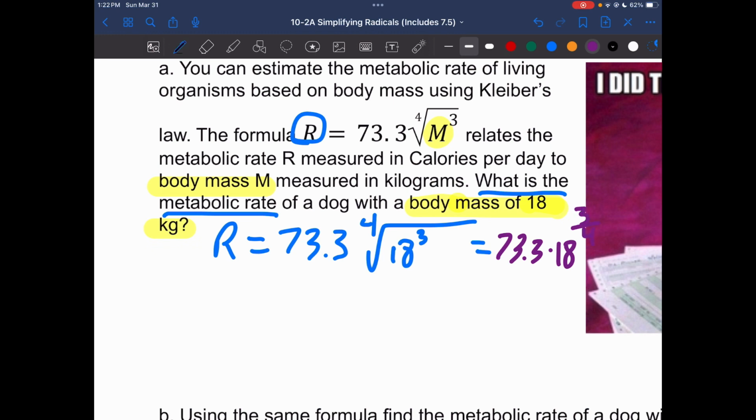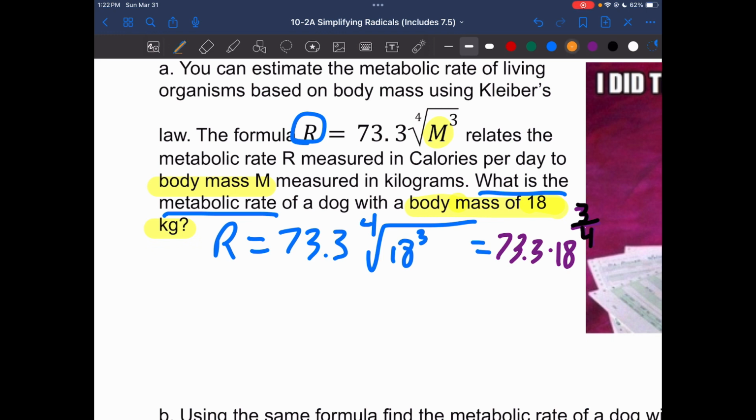And I'm going to change the color of that so it's a little easier on the background. So when you type it into your calculator, it would be 73.3 times 18, use the little caret button, and then put parentheses in 3 divided by 4, or just type in 0.75. You can also use the math route, click the math button, but you have to put your index in first. So that's why it's a little more complex.